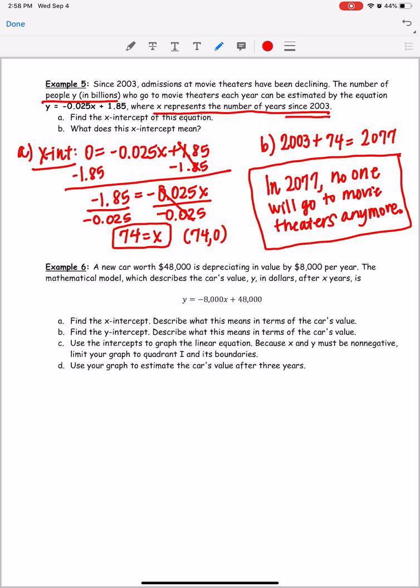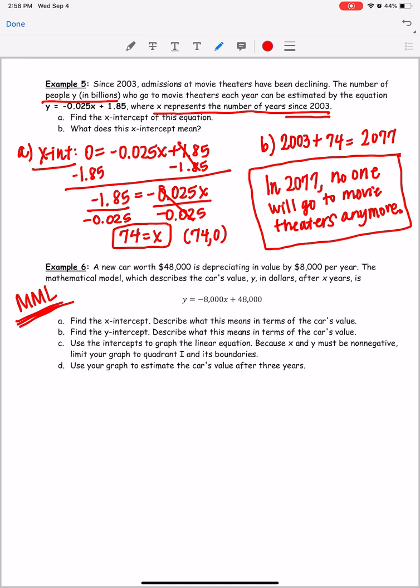All right, in example 6, you will find something like this in your MyMathLab homework. So that's why this one here is included. A new car worth $48,000 is depreciating in value by $8,000 per year.